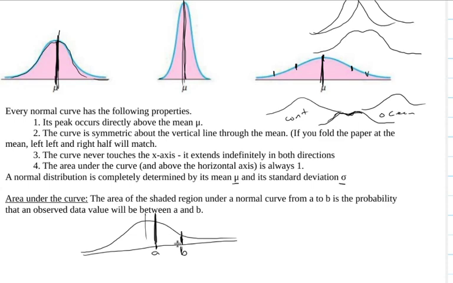B is somewhere over here. To find the probability of being between A and B, I would find the area under the curve between those. And we're going to go back and forth between calling this a probability and an area, because those represent the same idea here.